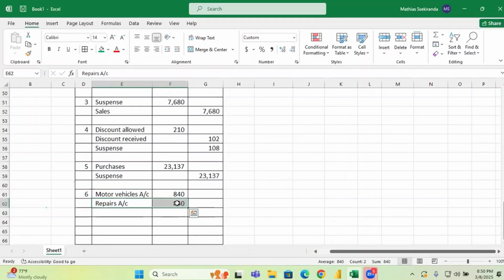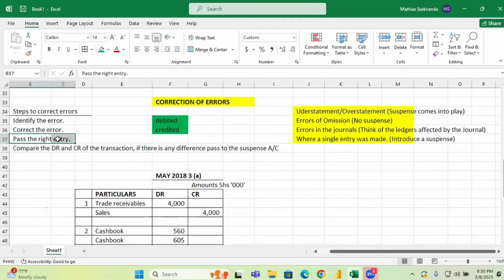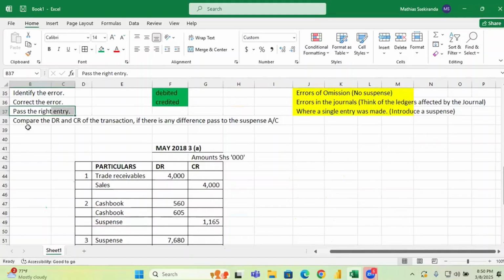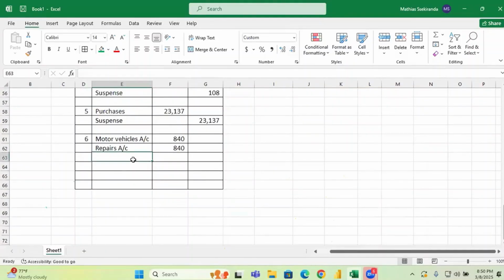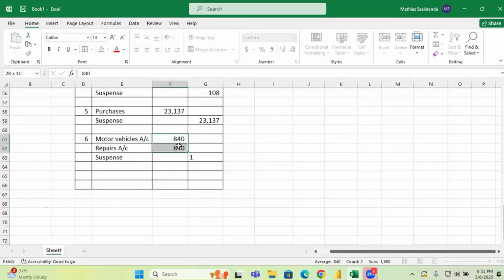We have debited repairs to pass the right entry. Then compare the debit and credit. Here we have a suspense, okay? Because the debit has 2 figures and the credit has 0. So we shall have the total 1680 as our suspense figure. Okay, good.